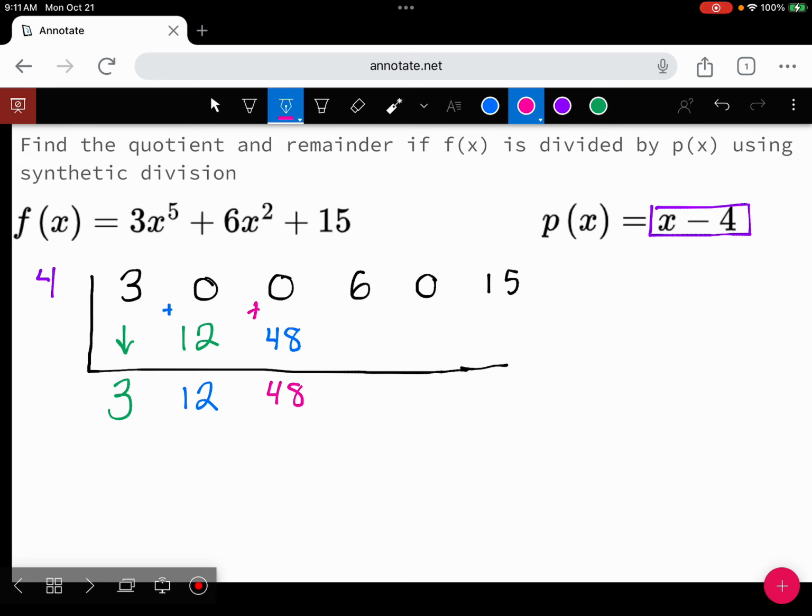Times 4, 192. And then we add. 198 times 4. It's a big one. 729 plus 0 is 729.